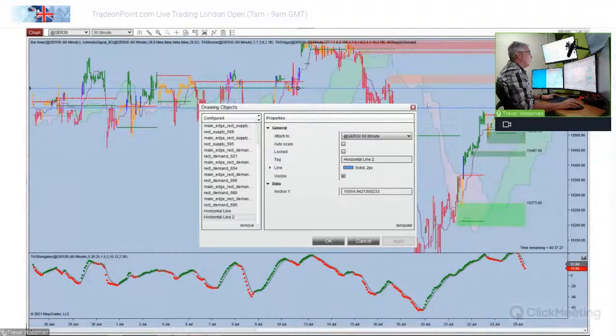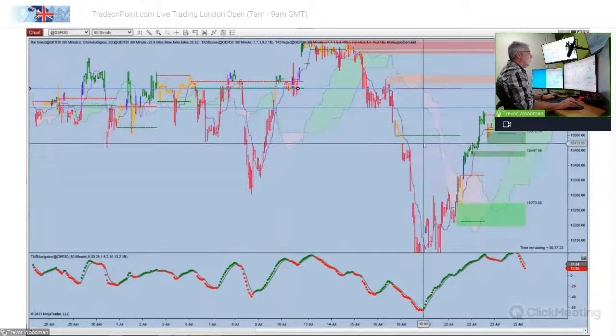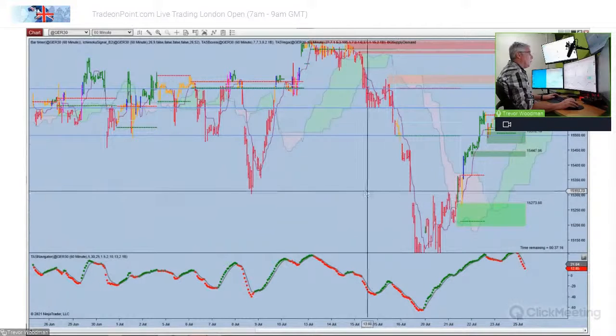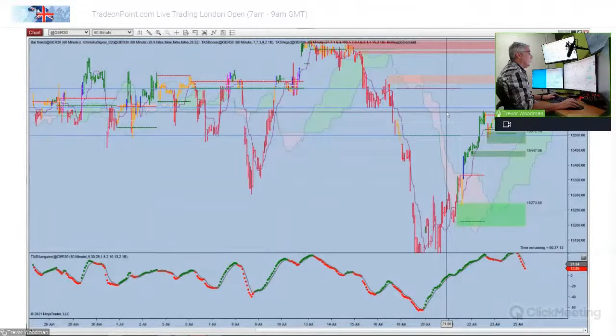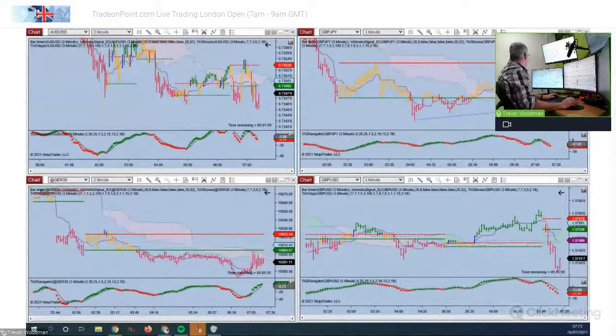I just want to put it a little bit above that so I don't wipe out my TAS box there. And we'll put support over there as well. Okay, just to get some idea. So you can see there that there certainly is bearish intraday at the moment with a possible retracement. We will be watching for that.